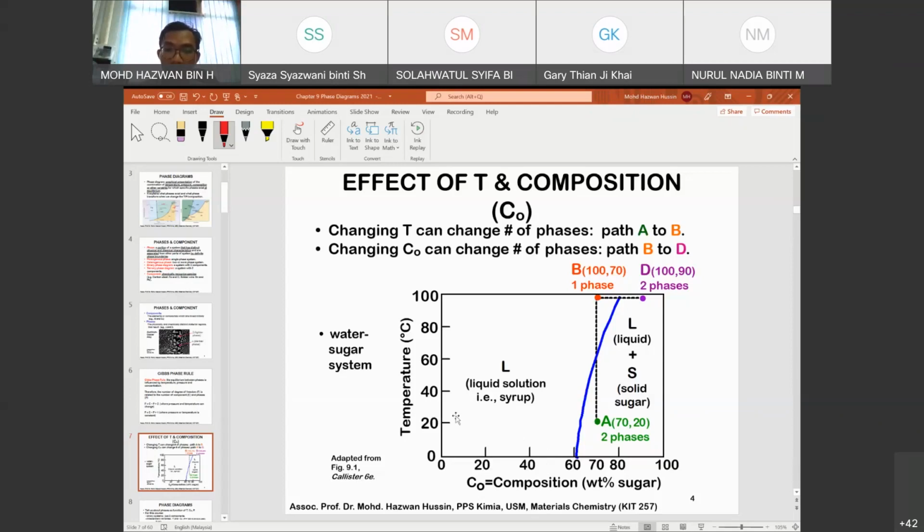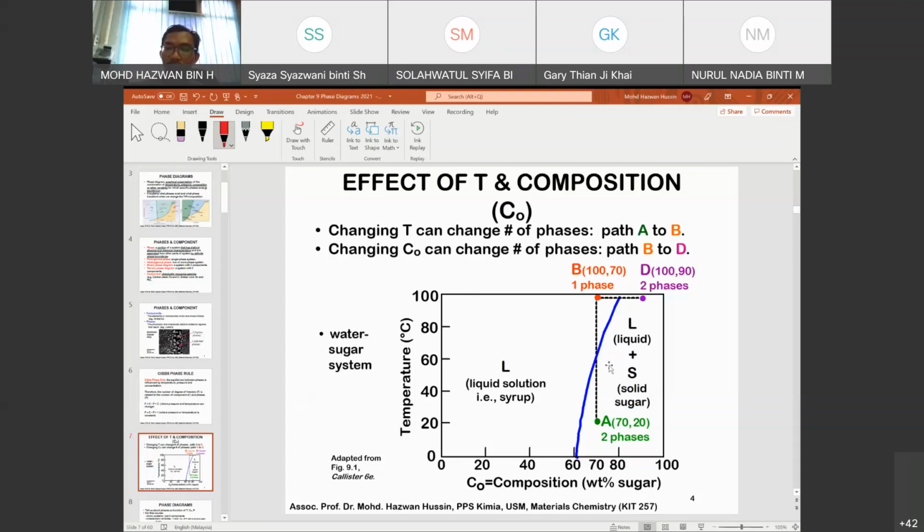When you add sugar into the water and at the same time increase the temperature, the phase will be liquid up to this temperature. But if you go beyond 60% sugar, then you will see a composition of liquid and also solid. Most of the liquid will evaporate because you increase the temperature.